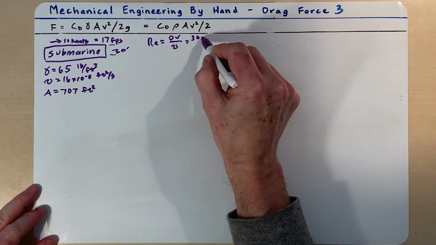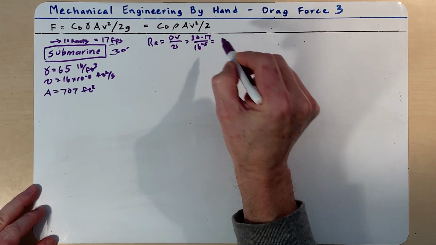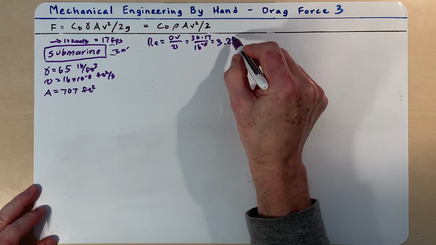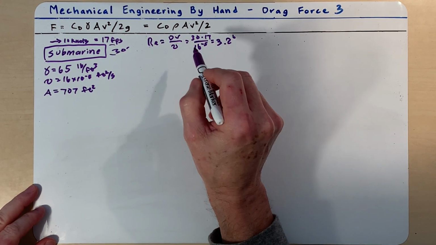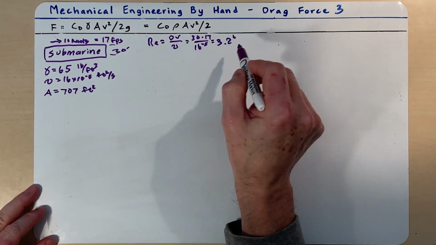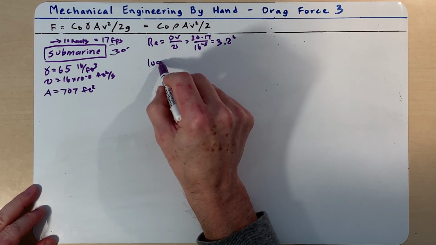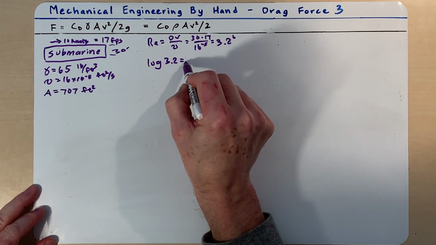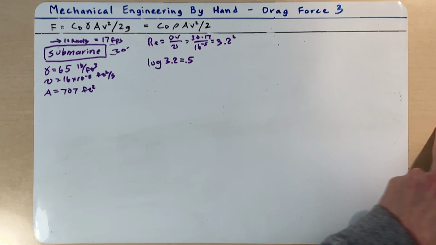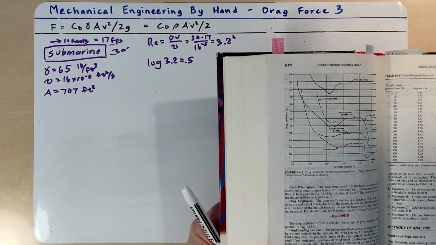So 30 times 17 over 16 to the negative fifth equals 3.2 million. Then we'll look at a log scale, and a useful trick for that is to just take the log of 3.2, and that equals 0.5. So we'll look halfway across that category of Reynolds numbers.